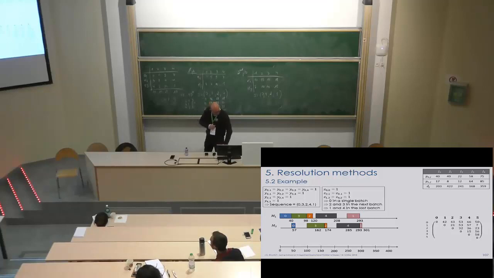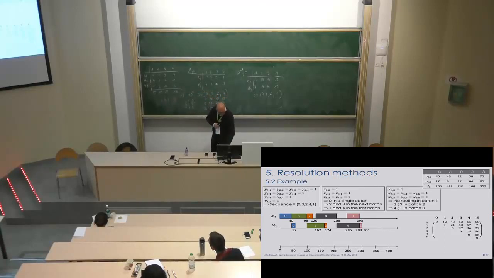Then z_00 equal to 1 means that 0 is in the first batch alone. In batch 1 there are jobs 2 and 3, and in batch 2 there are jobs 1 and 4.